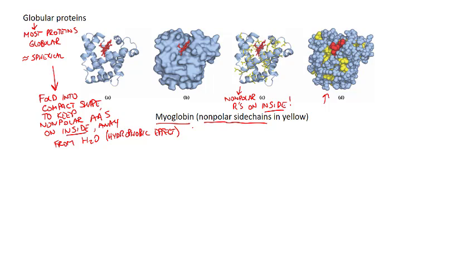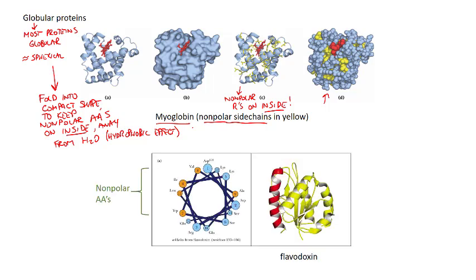So what does this look like in real proteins? Well, let's imagine that we look at the length of an alpha helix. What we have here is the protein flavodoxin, and we are looking at the sequence of this alpha helix that's shown in red. If you were to look down the length of this sequence and graph where each of the R groups is on this molecule, what would you notice?